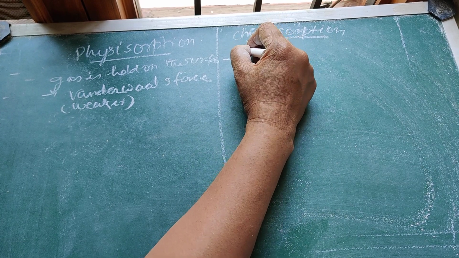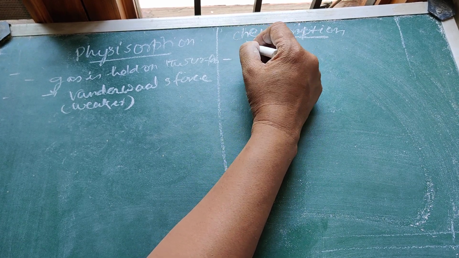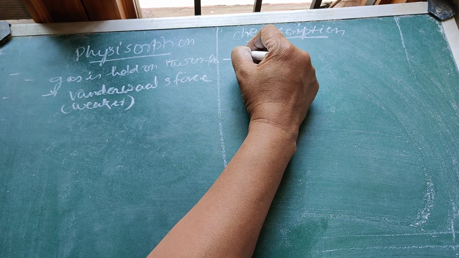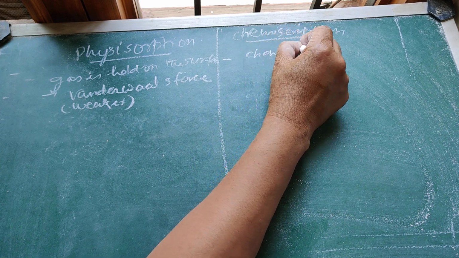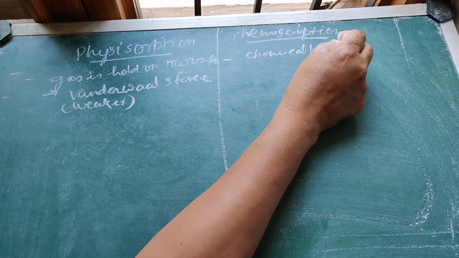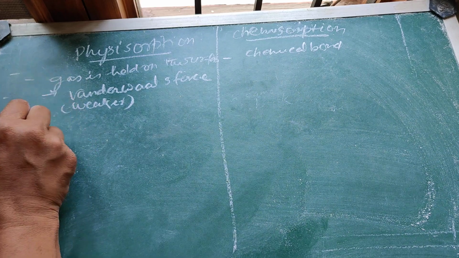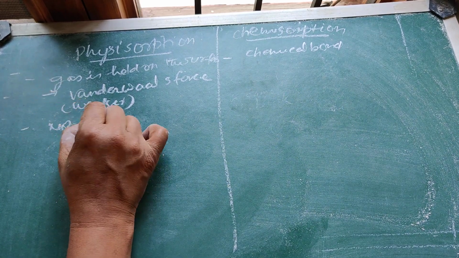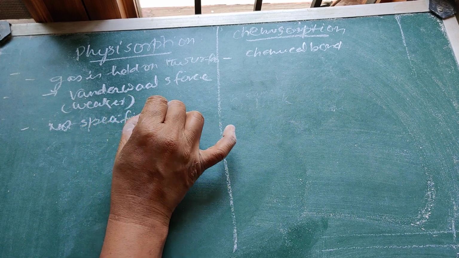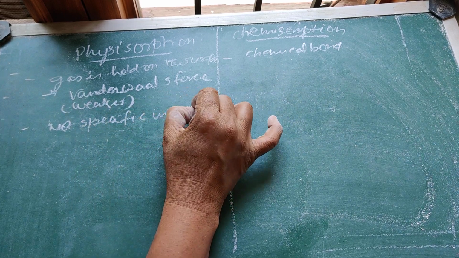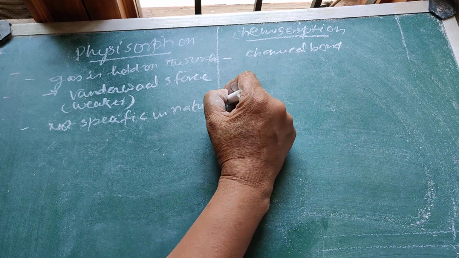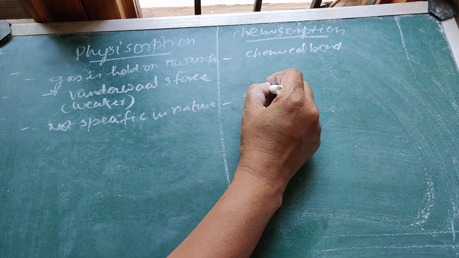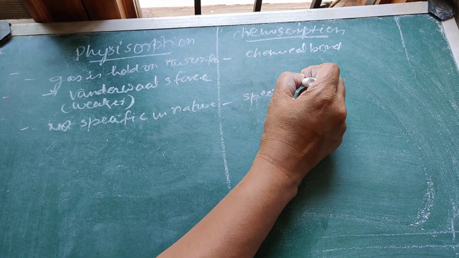Whereas in chemisorption the gas is held to the surface of the solid by force which is nothing but a chemical bond. It can be either ionic or covalent. Physisorption is not specific in nature; any surface can adsorb. Chemisorption must be specific, as a bond is to be formed.